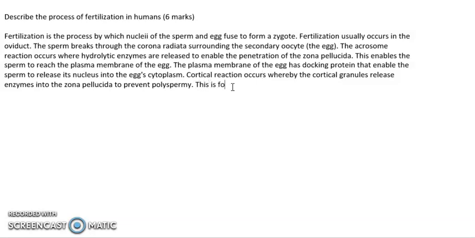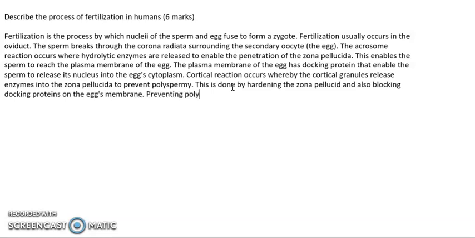This is done by hardening the zona pellucida and also blocking docking proteins on the egg's membrane.